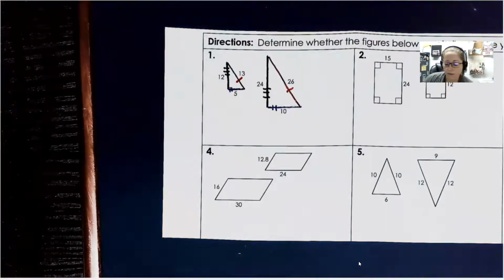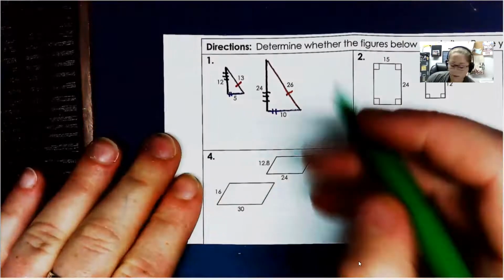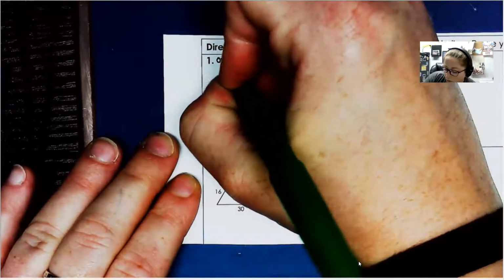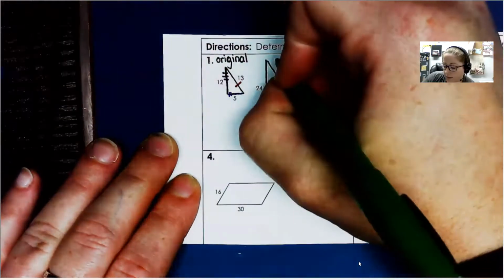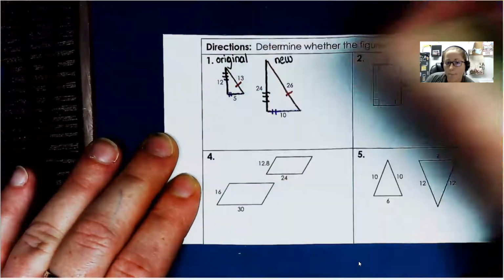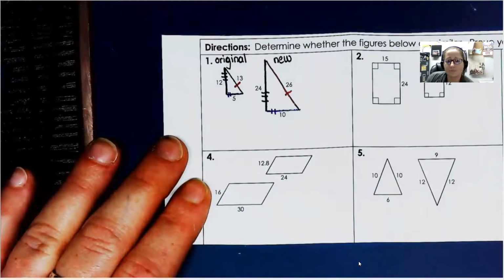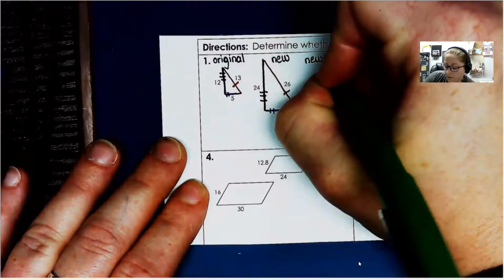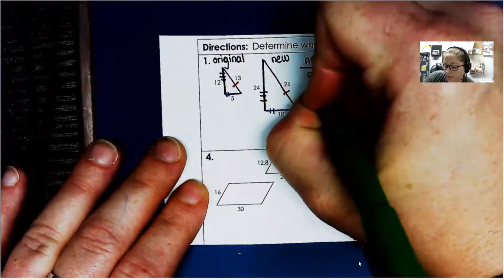A good thing we can use is, this is my original, or you can say your pre-image, and this is my new. In order to figure out the scale factor, you would take the new size over the original size.